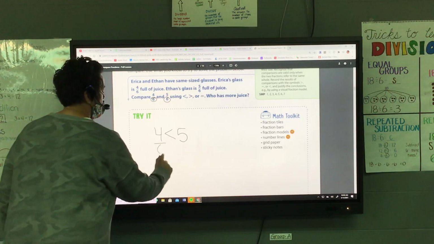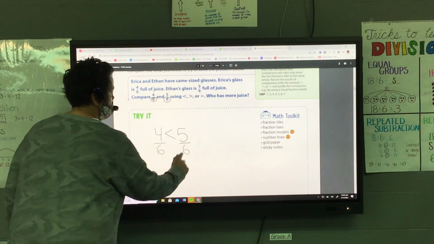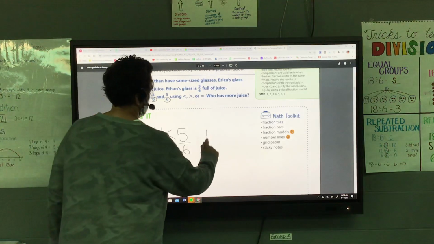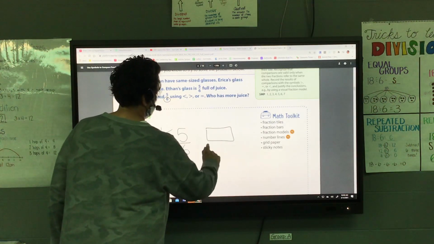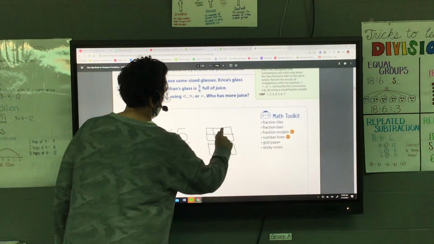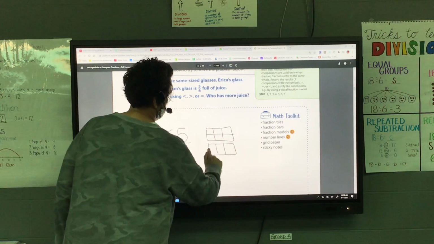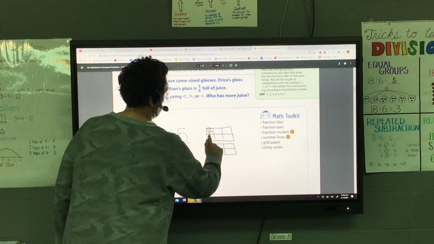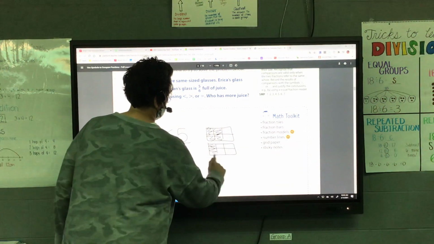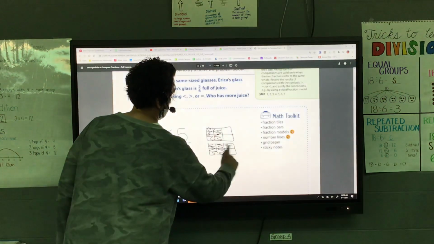Now, I know that 4/6 is less than 5/6. That was easy. Now, I could have drawn a picture to show 1, 2, 3, 4, 1, 2, 3, 4, 5.